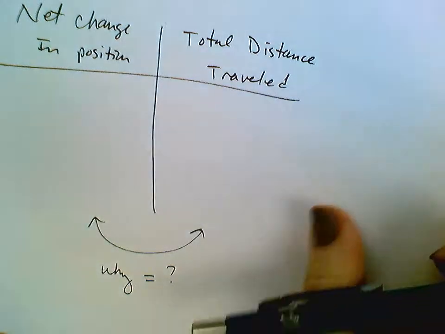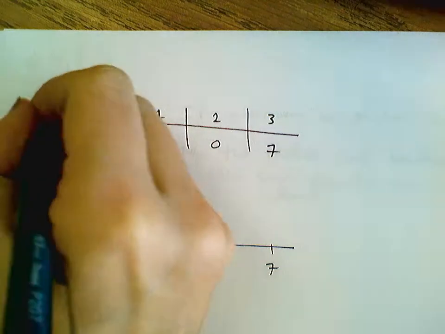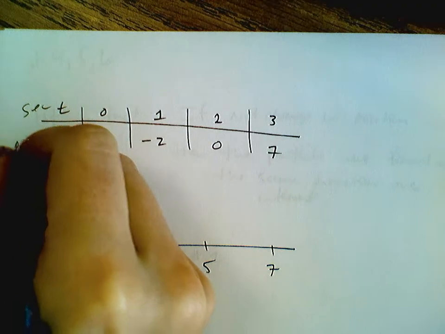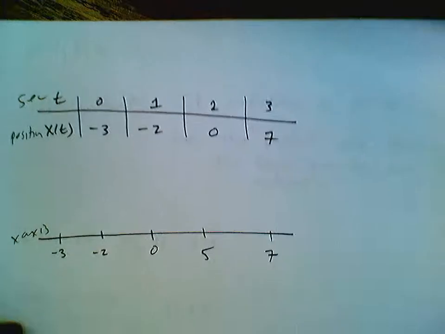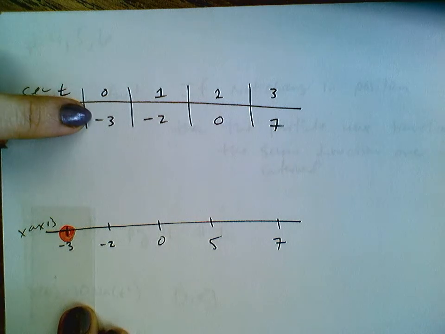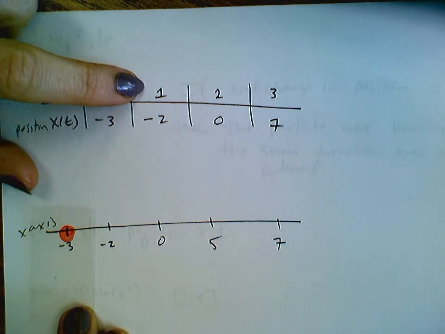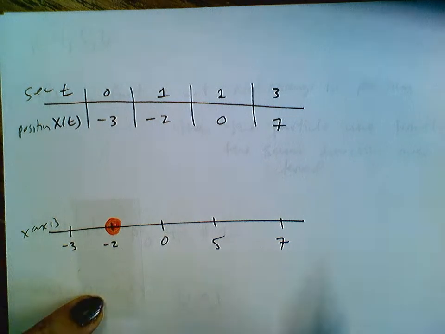Now let's show another example. Here's a case. Seconds, position, x-axis, same situation. At second 0, we're at position -3. From 0 to 1, we move to -2.